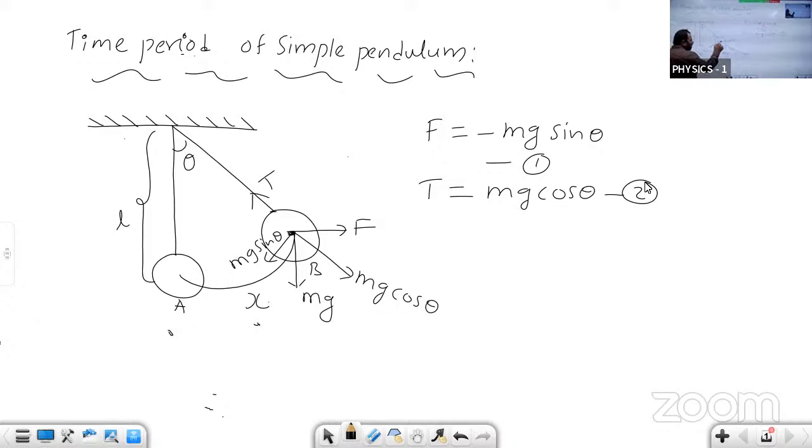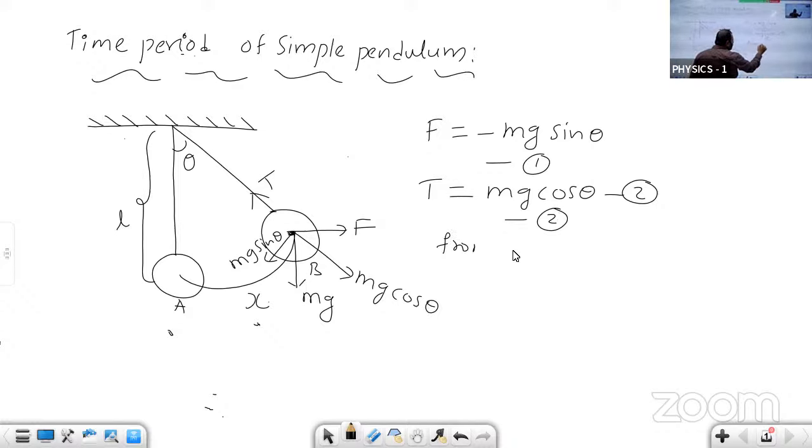When we apply external force on the right side, the body oscillates to the left side, meaning mg sin theta is responsible for motion. That's why left side component mg sin theta, right side component F. Upward force and downward force cancel each other. So from equation number 1, F equals minus mg sin theta.